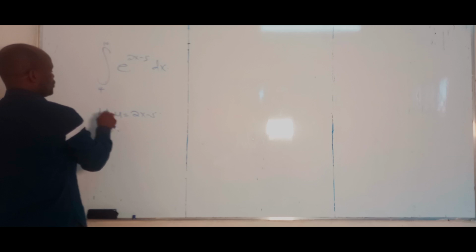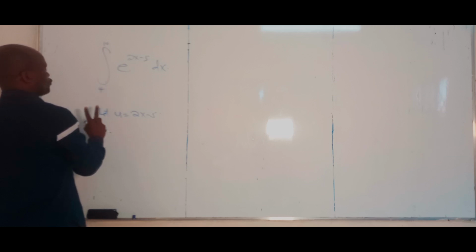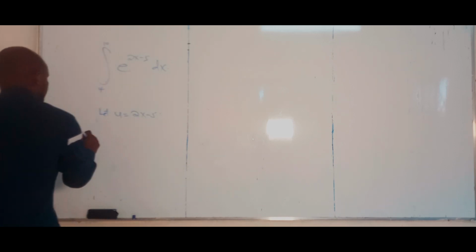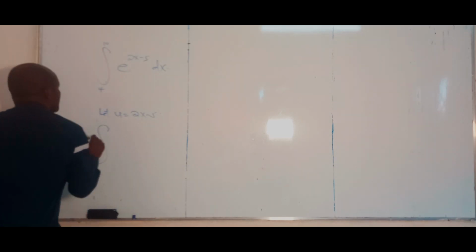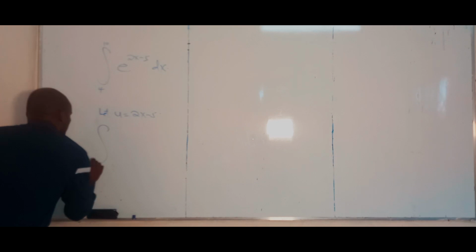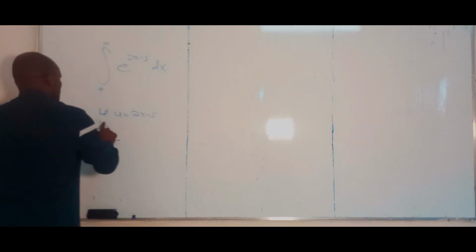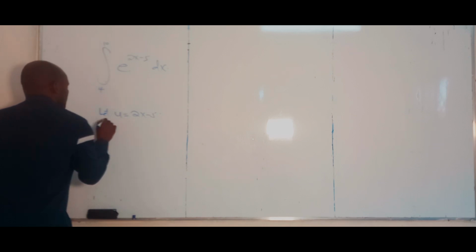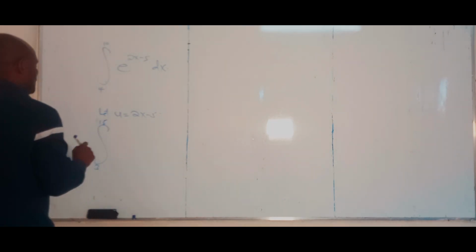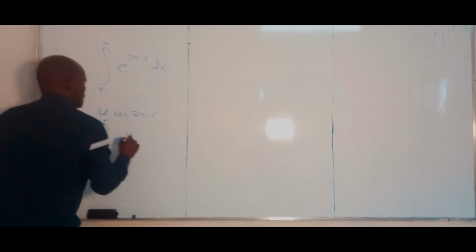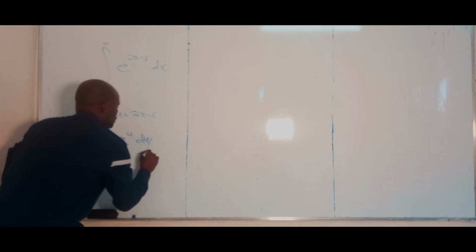When using u, then the limits will now shift to 3 to 15. So I will write here my integral. I put 3 to 15, the ones we just found in part A. But now we say e raised to power u du over 2.